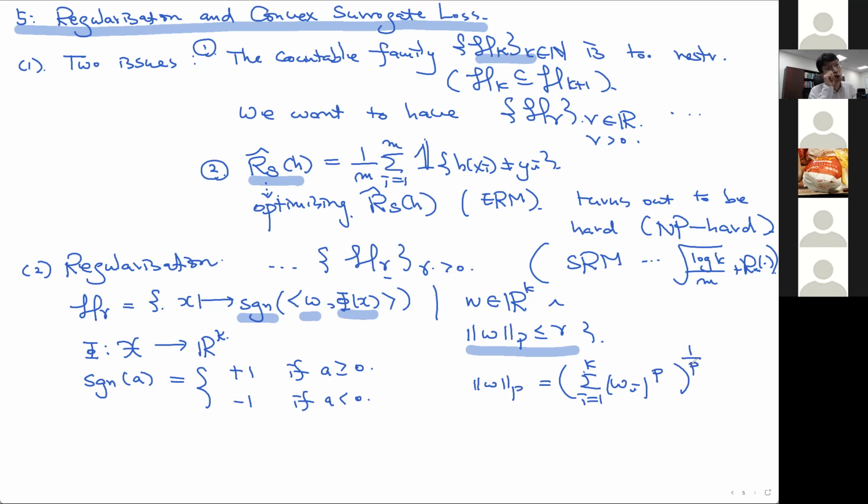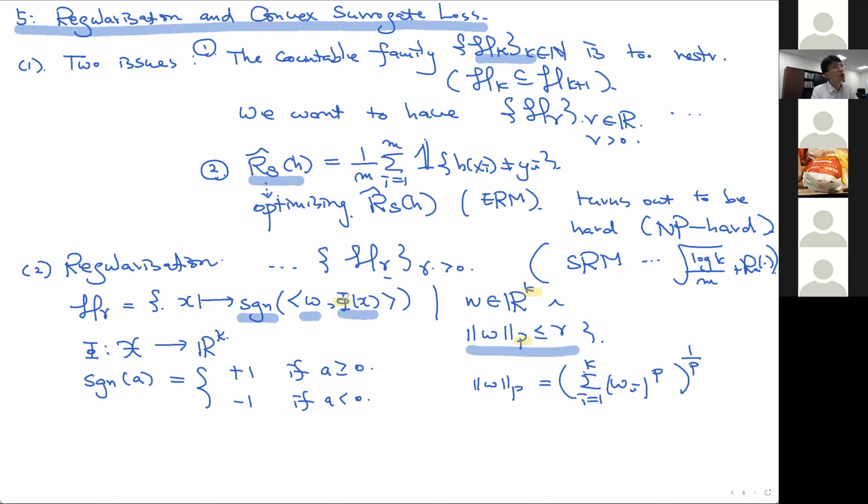The typical norm is the 2-norm, where p is equal to 2, but you can use different norms. So this p, k, and phi are fixed.